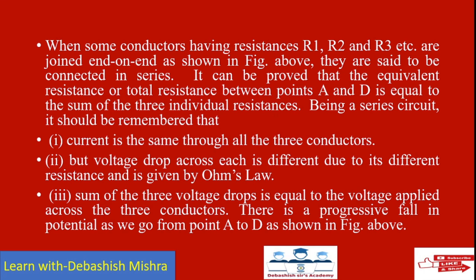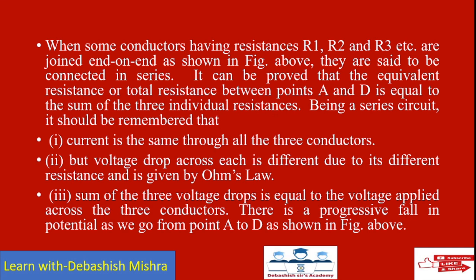Just remember this point. Being a series circuit, it should be remembered that current is the same through all the three conductors. In a series circuit, current is the same, but the voltage drop across each is different due to its different resistance and is given by Ohm's law. Current is same, voltage is different.